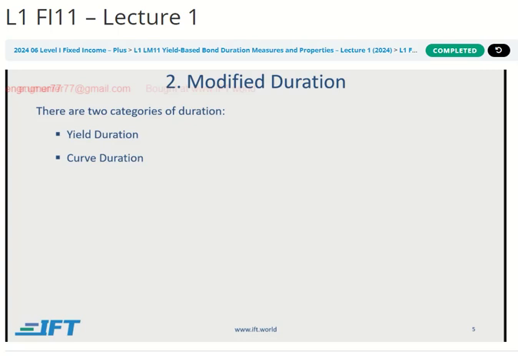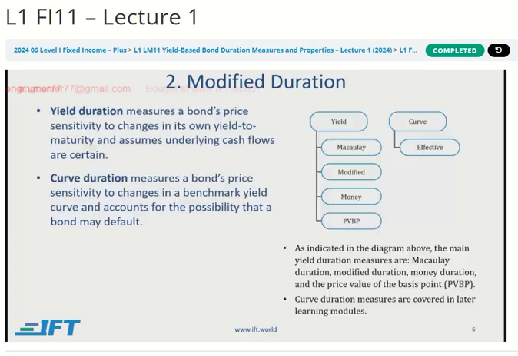Now, if we break up duration into two measures, which is yield and curve, there is something known as effective duration, and this is what we will look at in the next learning module. It will be covered in later learning modules. In this learning module, our focus is on the yield, right? And what does that mean?